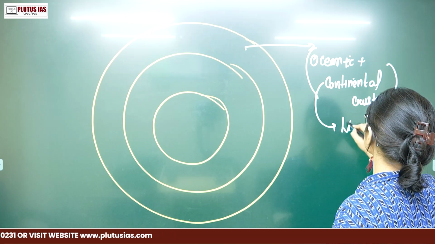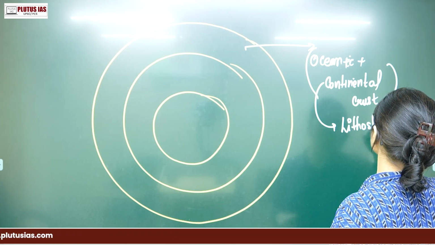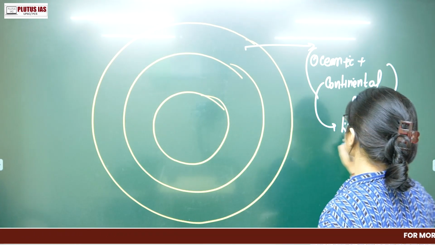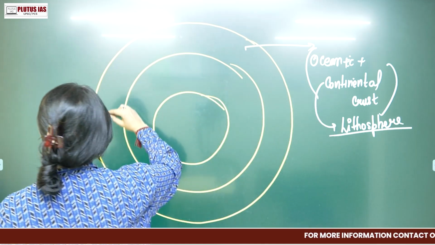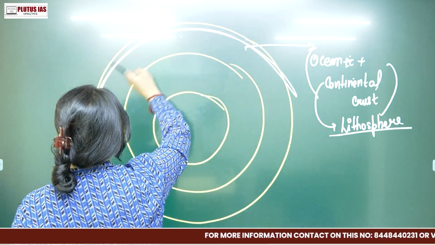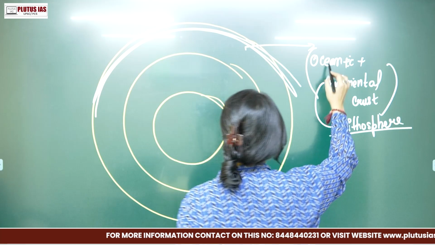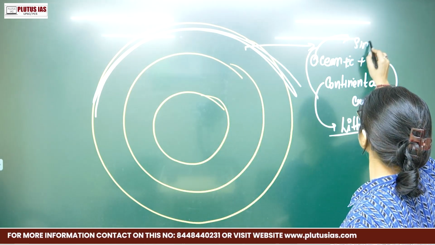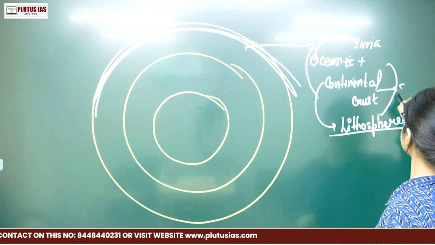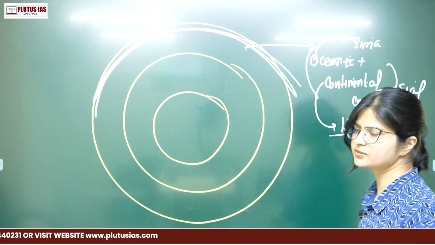We call it the lithosphere. This is the uppermost part. It is constituted of sima, oceanic, and continental of sial. This we have already discussed.